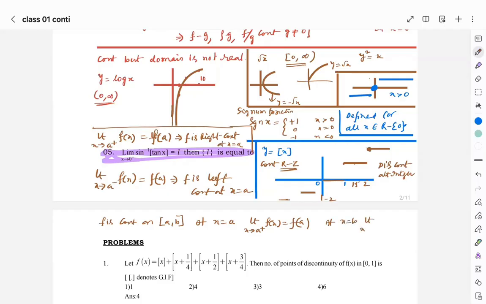At b, you can check only the left limit. So here f is said to be continuous: at a, right continuous; at b, left continuous; and it is continuous on the open interval ab.